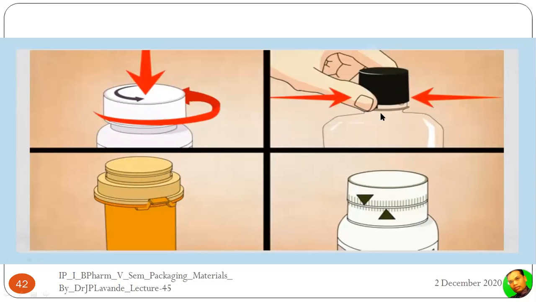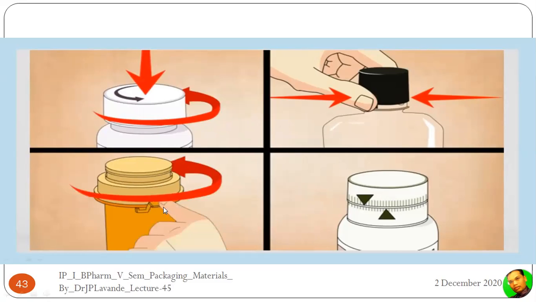Here you can see this particular strip needs to be pressed from both the sides, and then rotated, or just by pressing from both sides there is a need to lift it up. Again, that is the child resistant kind. In this particular one, you can see the notch.